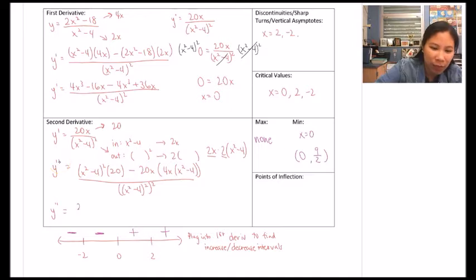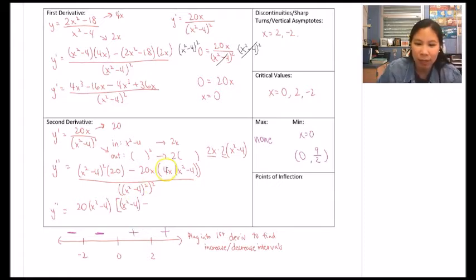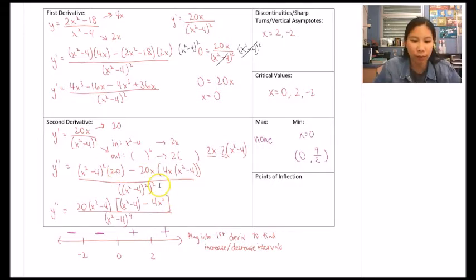So I'm going to factor out a 20 times x squared minus 4 as a greatest common factor, which will leave me with, in this first term, if I take out the 20 and one of the x squared minus 4s, then I'll have one left, x squared minus 4, minus, and if I take out from this second term, a 20 and then an x squared minus 4, that'll leave me with the x and the 4x, which is really 4x squared. And then on the bottom, x squared minus 4 is really raised to the 4th power.